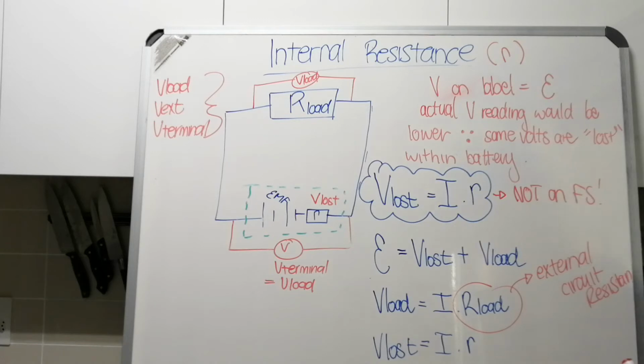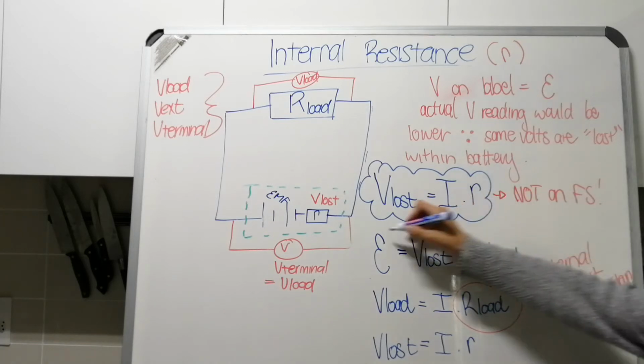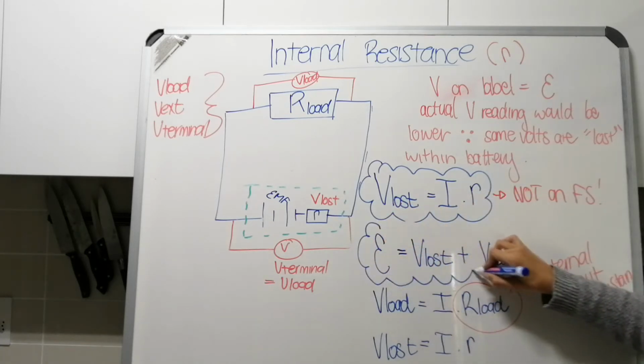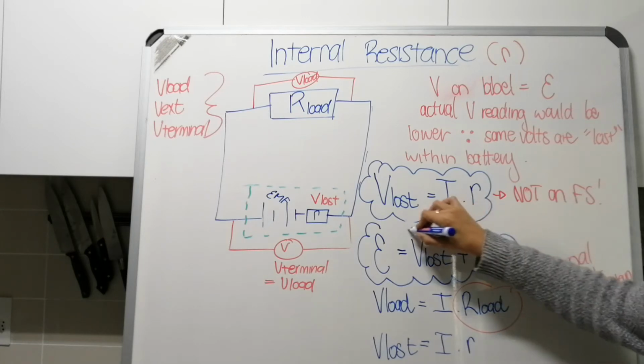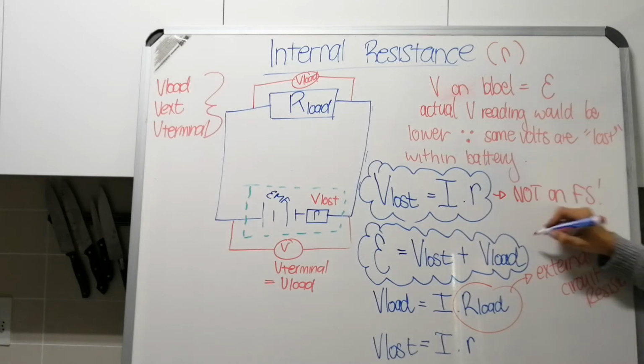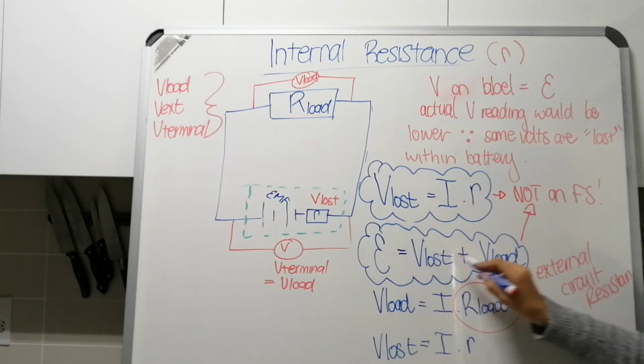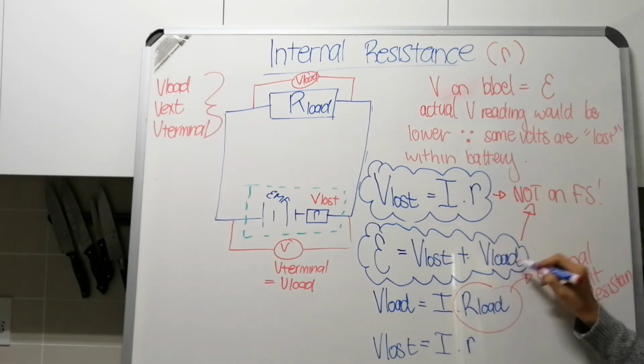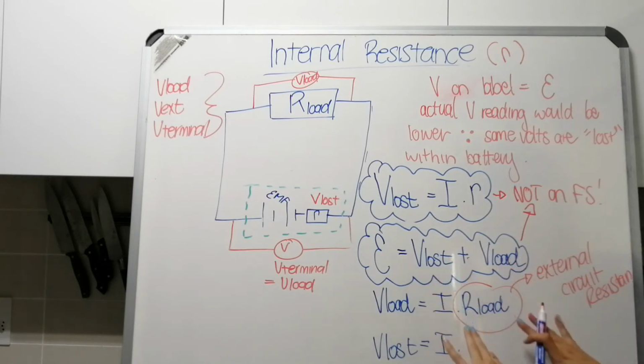So it's very important, in my opinion, the main important ones are these two, and these are the two that aren't on your formula sheet. V lost equals I times internal resistance, and EMF is equal to V lost plus V load, which is just your external potential difference. And then you would expand those as required until you get to this one that is on your formula sheet.